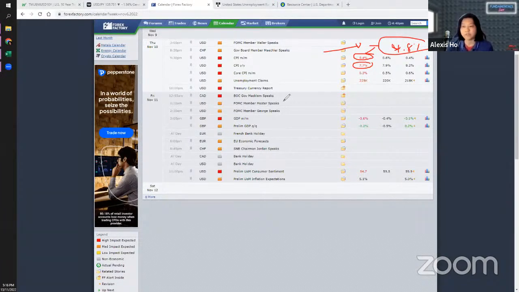So inflation figures, I think, are about 0.2%, it means it's slowing down faster than expected.